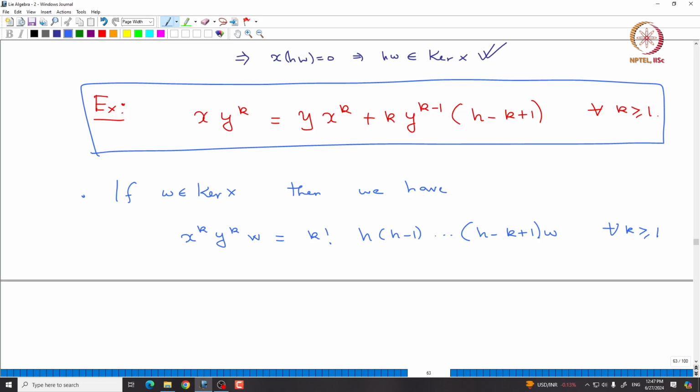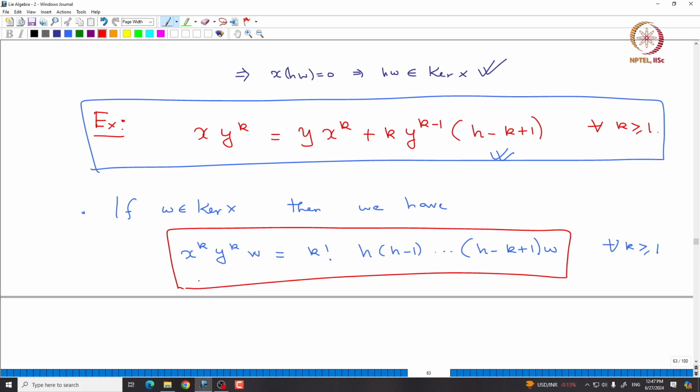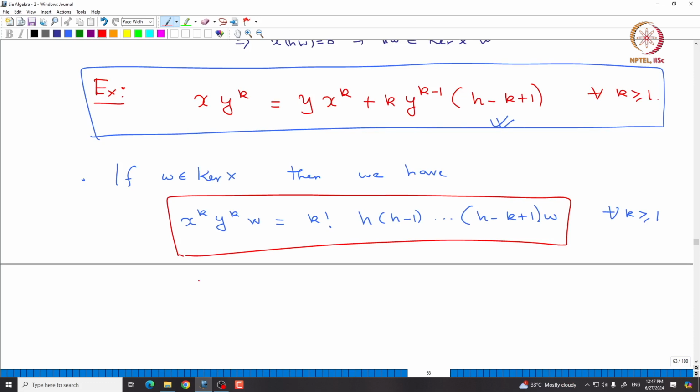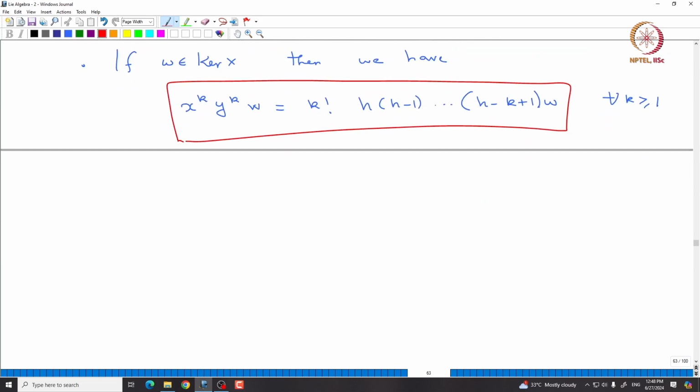Again, this is a simple formula one can prove using induction. I will leave it to you to check this.